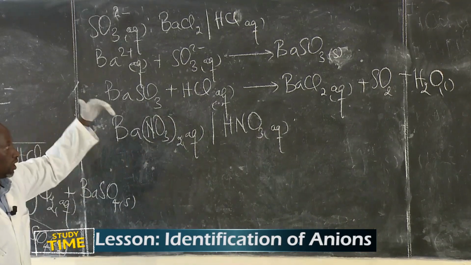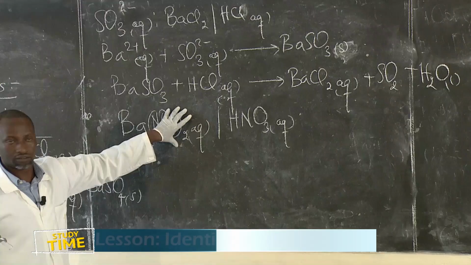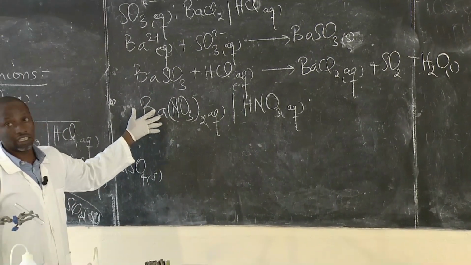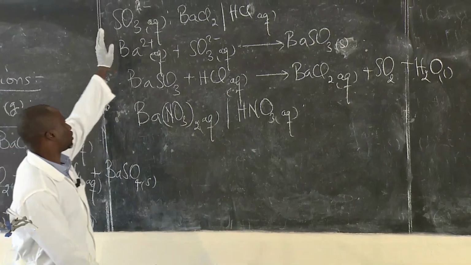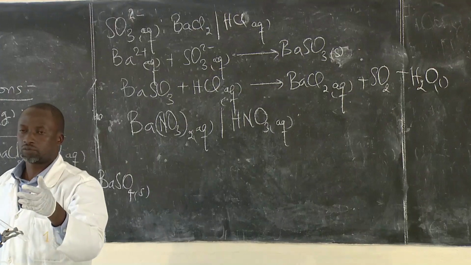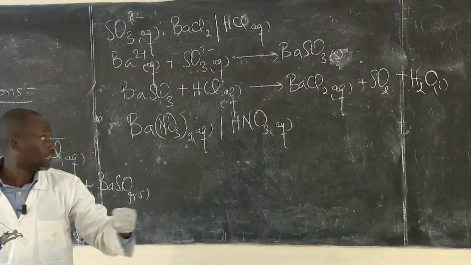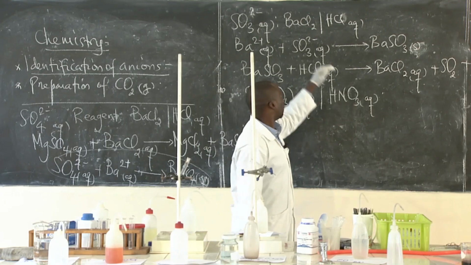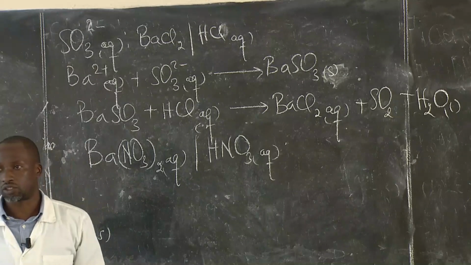These reagents can also be used in the same way as we used barium chloride and HCl. The same observations will be made when we use barium nitrate and nitric acid. We'll still get the same observation.